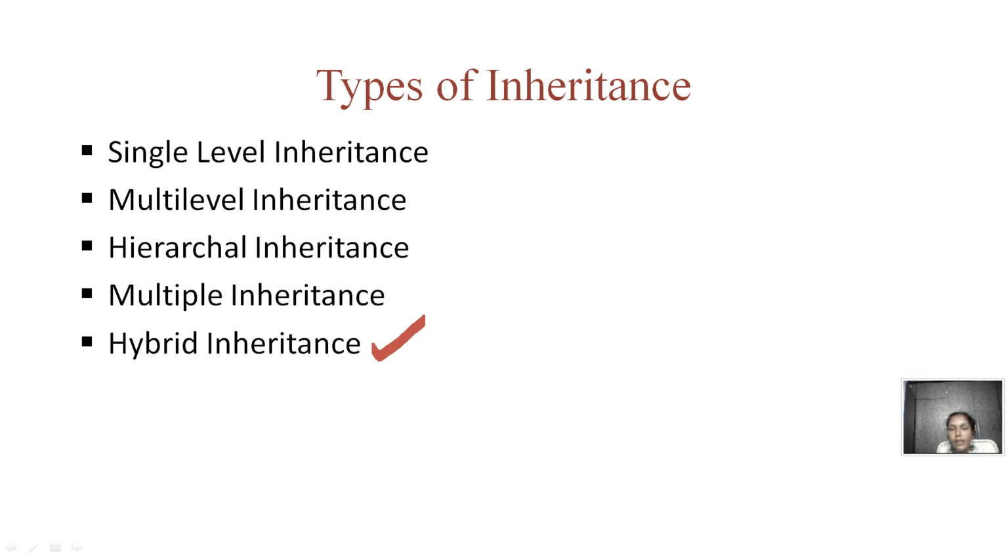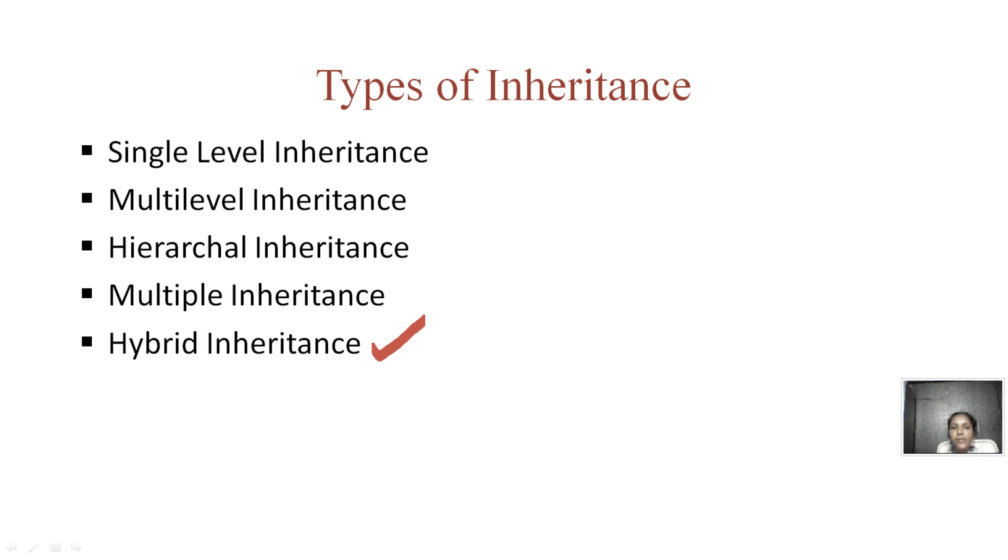If I am talking about a single package, in that case all the default, public and protected properties will be inherited. Except private properties, all the properties will come to the derived class. And what are the terminologies? The newly created class is called the derived class, and the existing class is called the base class or super class.